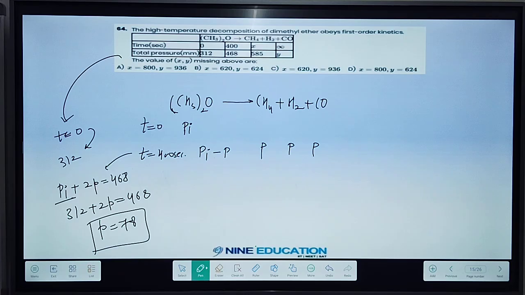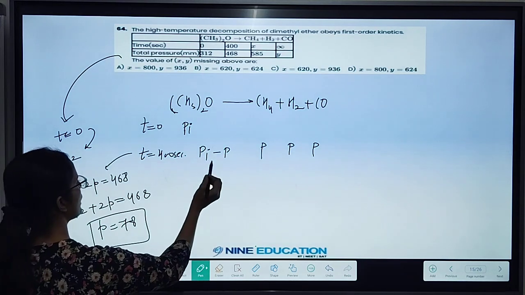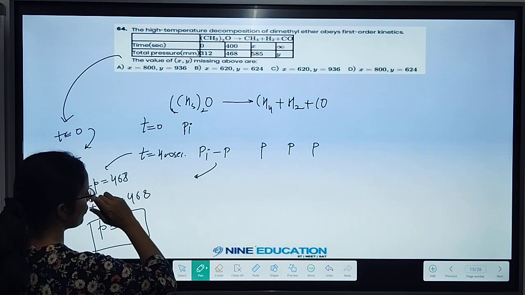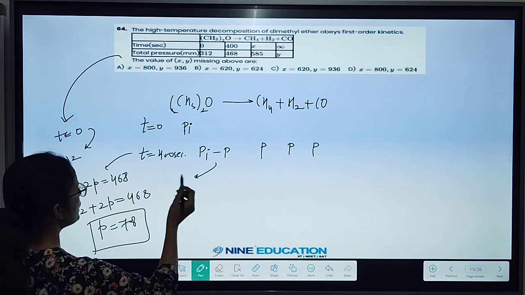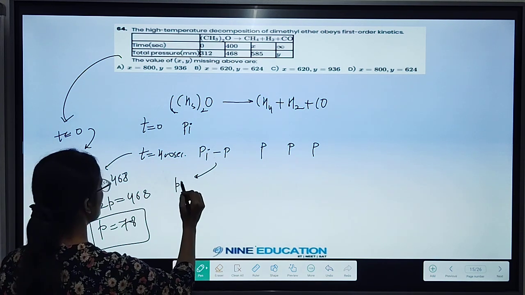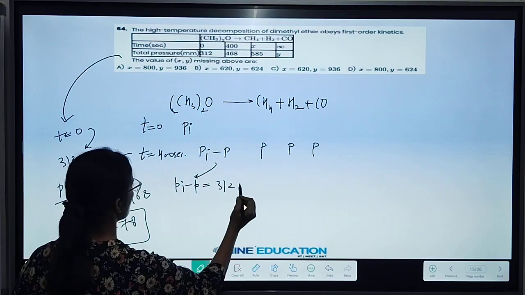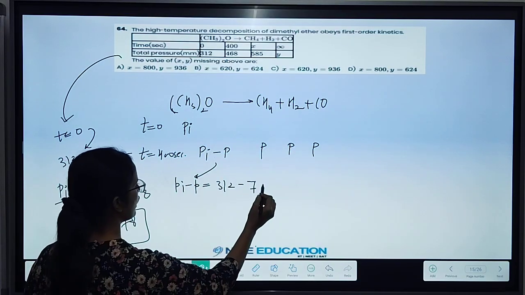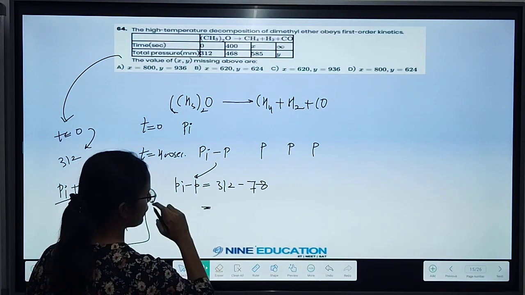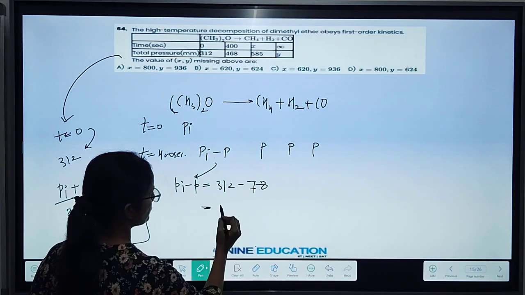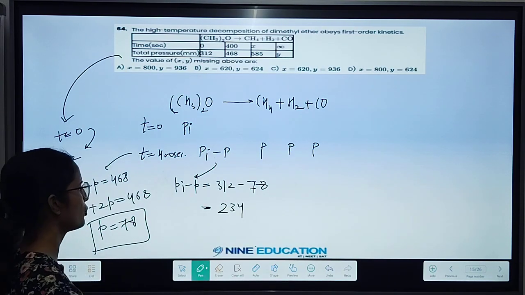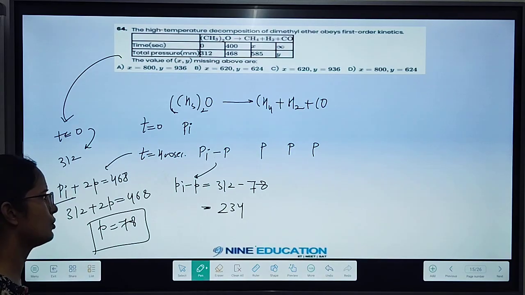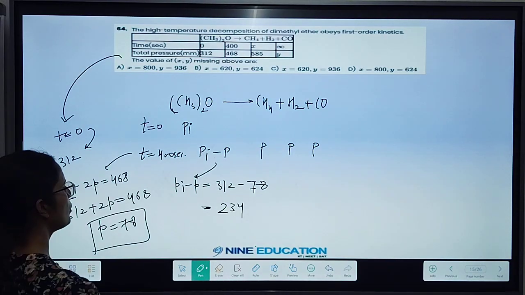If P is 78, then after t equal to 400 seconds, how much pressure will correspond to ether? Pi minus P, which is 312 minus 78, so 234 it will be.